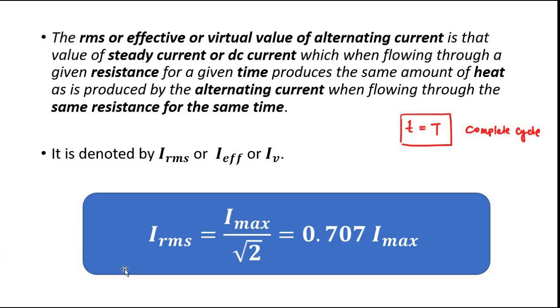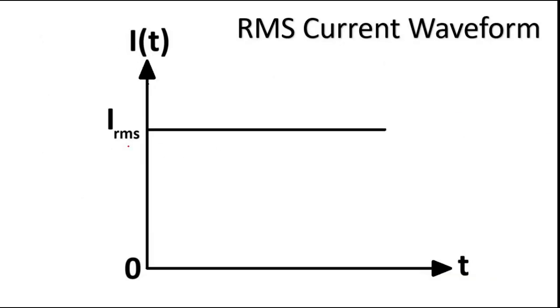So Imax by root 2, which is equal to 0.707 Imax. Here we have represented the RMS value in terms of the maximum value of the alternating current. So this value is equal to Imax by root 2 or 0.707 Imax.